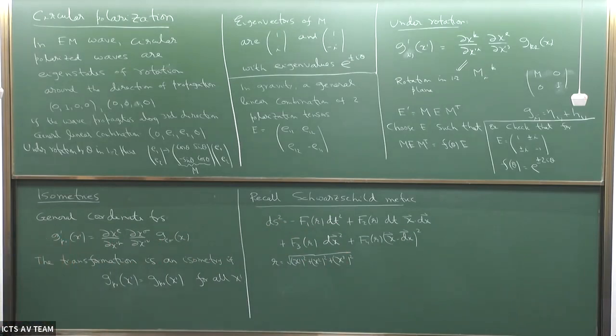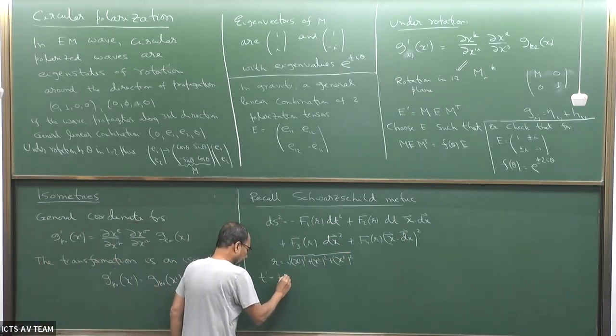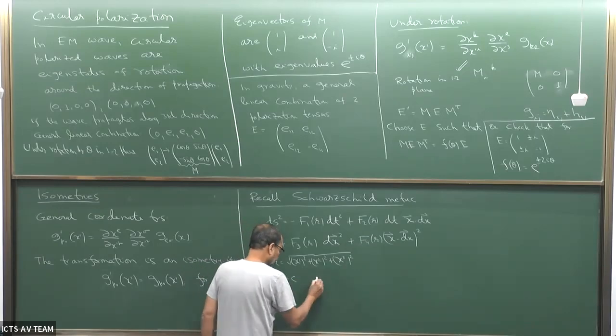So let's discuss some isometries of this. Consider the transformation t prime equals t plus c, and x prime equal to x. c is some constant.